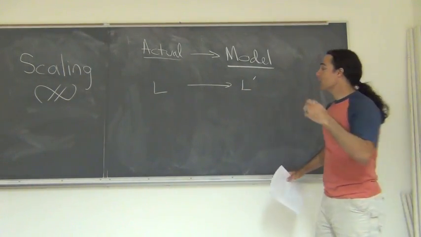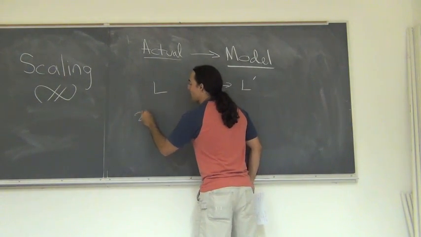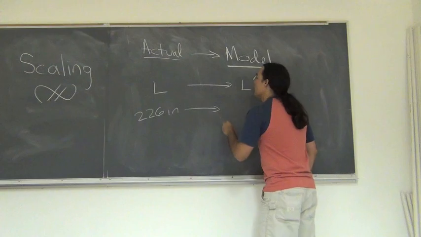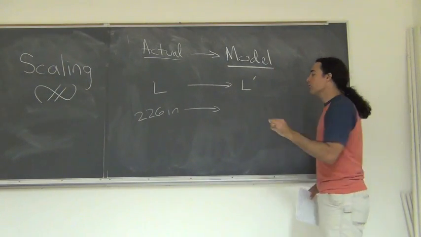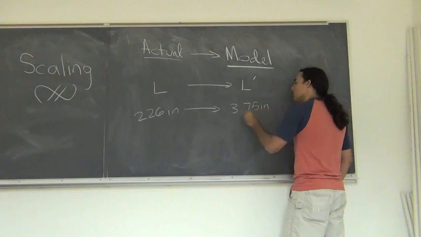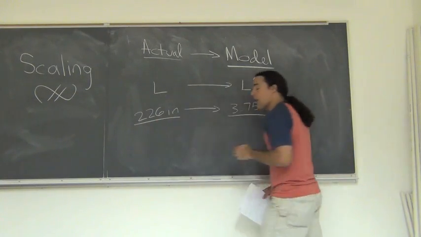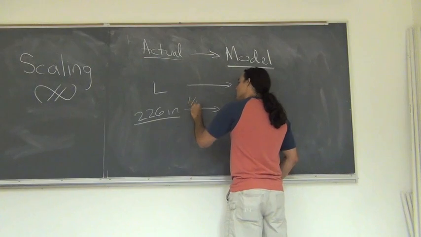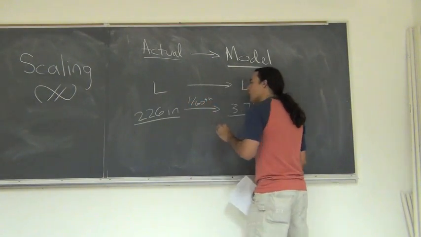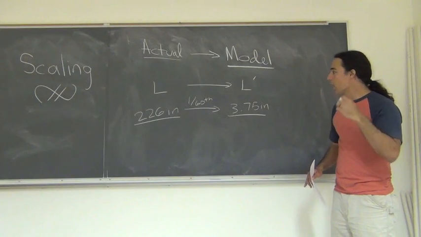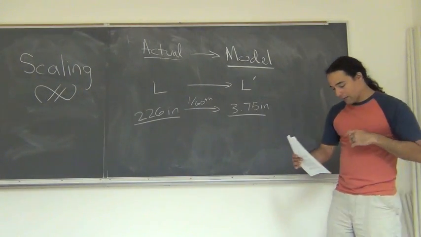On top of that, we know the actual length of the Batmobile is 226 inches. The length of the model was 3.75 inches. 3.75 is about 1/60th of 226 inches.